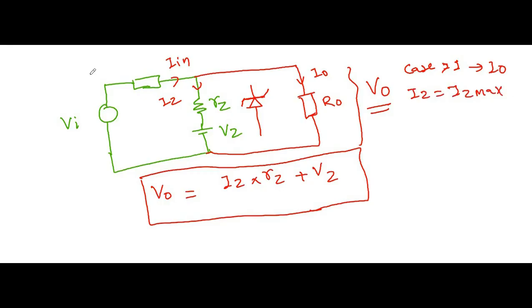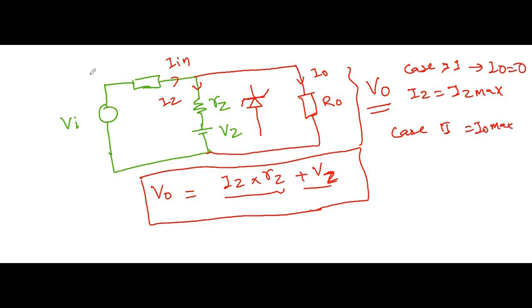In this case, if your IZ is higher, due to the dynamic resistance of the Zener diode you will see some voltage drop, which is added to the Zener breakdown voltage VZ, and it can cause a regulation problem because of the RZ component.